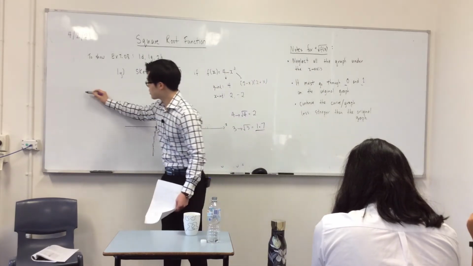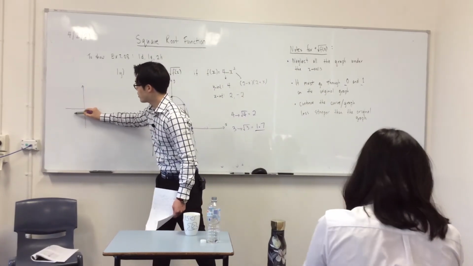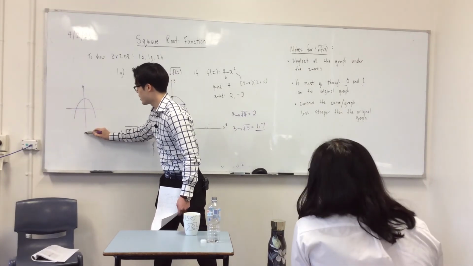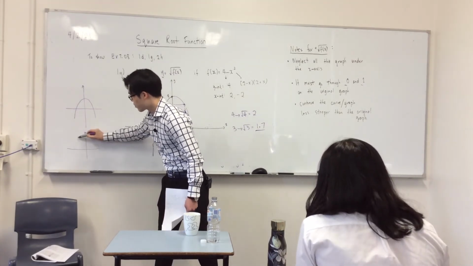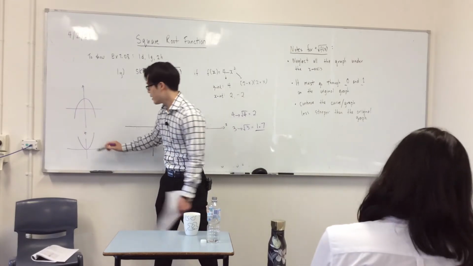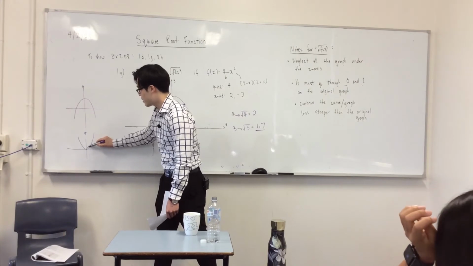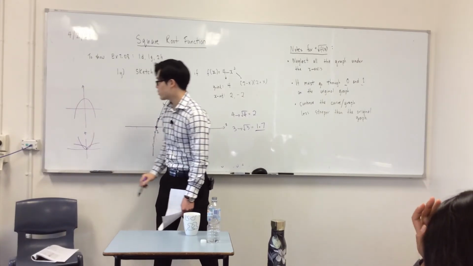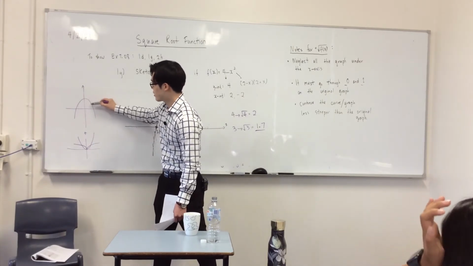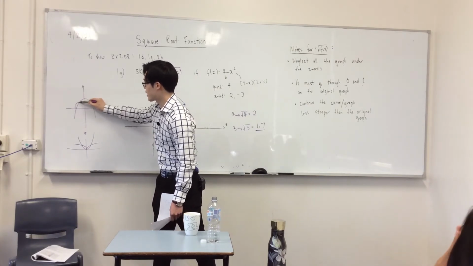So the difference between what I did previously and this one is upside down parabola versus upright parabola. This is a general fact again: if you square root a concave up parabola, the curves go outwards, but if you're square rooting a concave down parabola, it's actually like a circle.